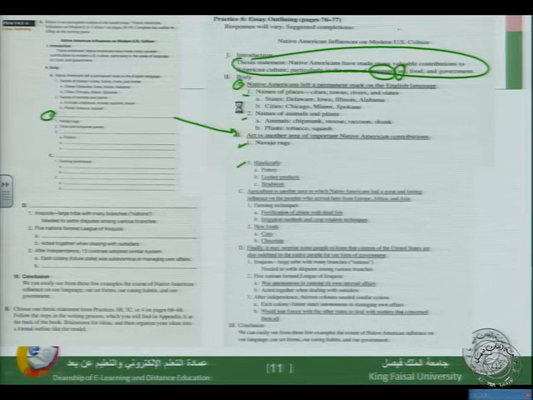Then the food. This is number C. In food, you mention something about agriculture, and then you mention their famous new foods, like corn and chocolate, and how they farm the land, how they cultivate it and take care of it. And D should be about the government.